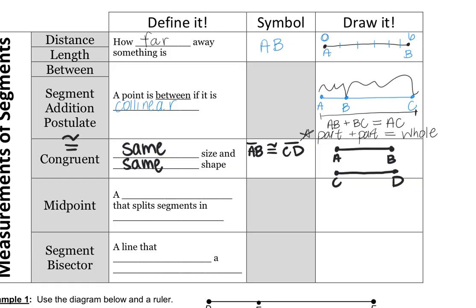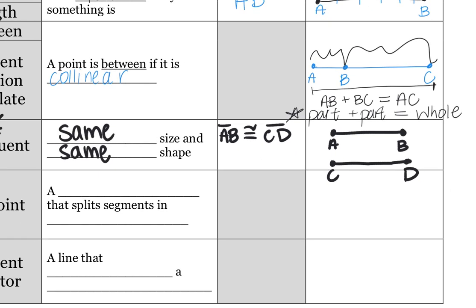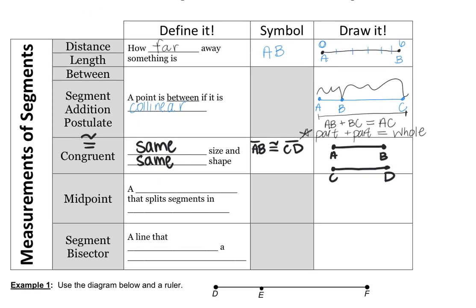Estos dos segmentos son congruentes. So, yo en mi símbolo puse AB es congruente con CD. A y B y C y D tienen esa linita arriba que dice segmento. Empieza y termina. Tiene un comienzo y tiene un final para mi línea.